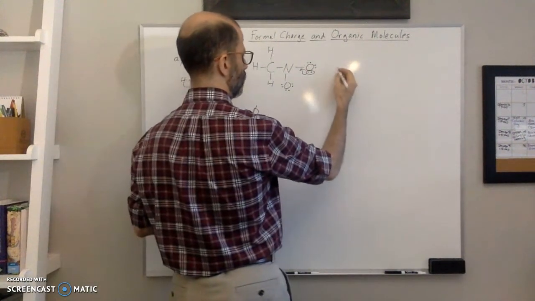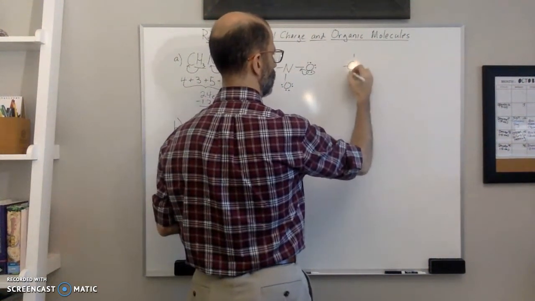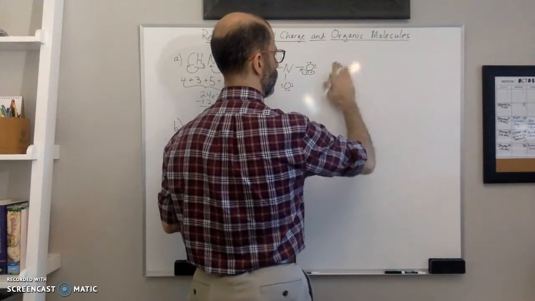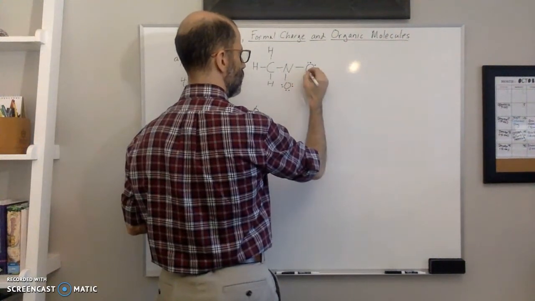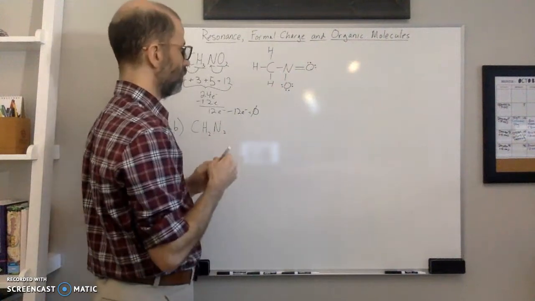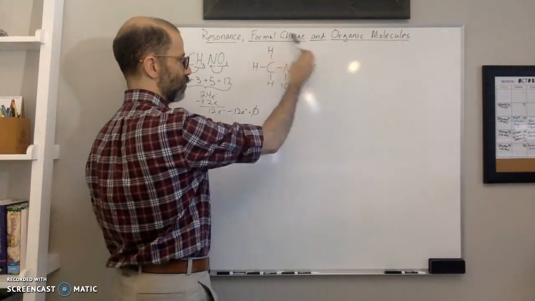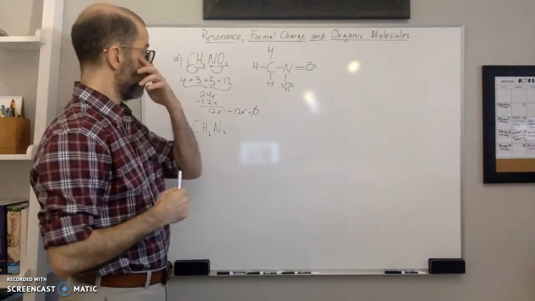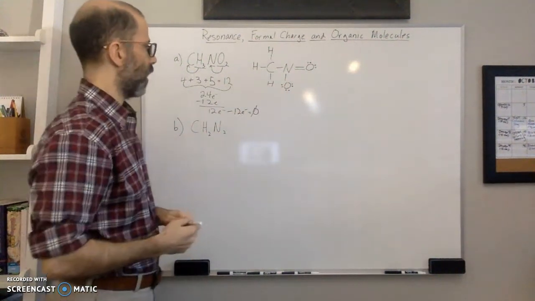So then this becomes C, H, H. Well, why don't I just erase this? So I got a double bond there. This would be the Lewis dot structure for this molecule here. But you'll notice that I could have resonance here.